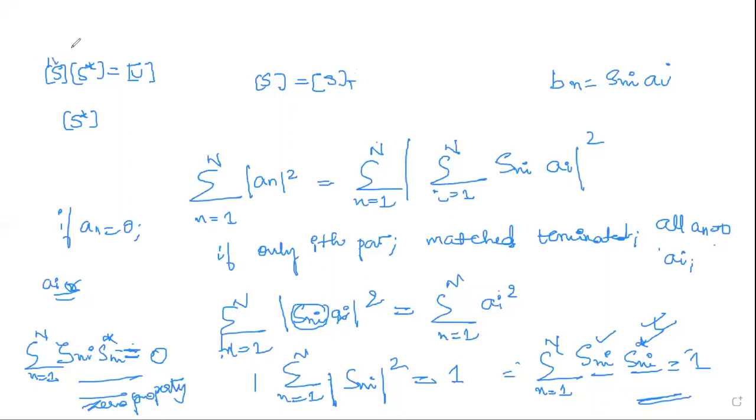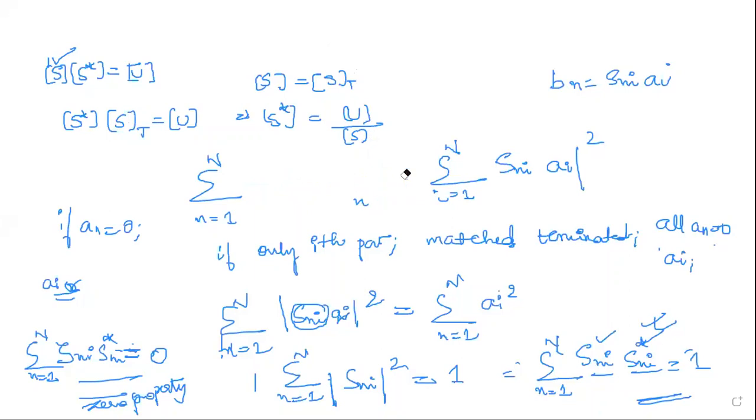So if I substitute S transpose, S star into S transpose is also equal to the unity matrix. Writing S star, the complex conjugate of S, it is the unity matrix divided by S transpose, and since the unity matrix is always equal to 1, I can write it as S transpose inverse.